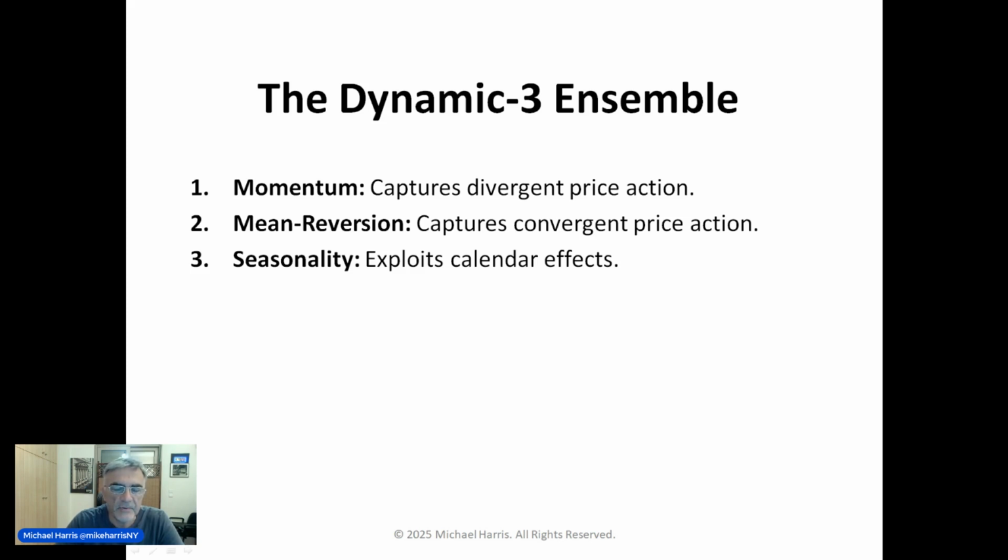Many other types of mean reversion, or reversion to an indicator, reversion to some mean, statistical arbitrage. I have an article on the blog about these different, I think there are 7 or 8 different types of mean reversion. And then we have seasonality, which mostly exploits calendar effects.